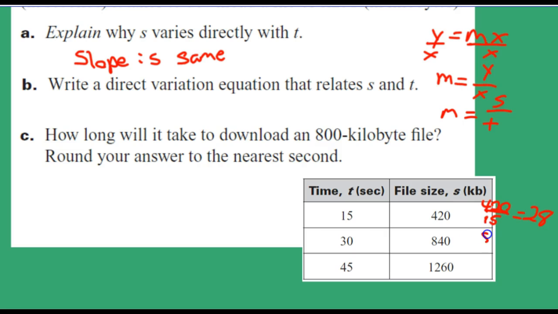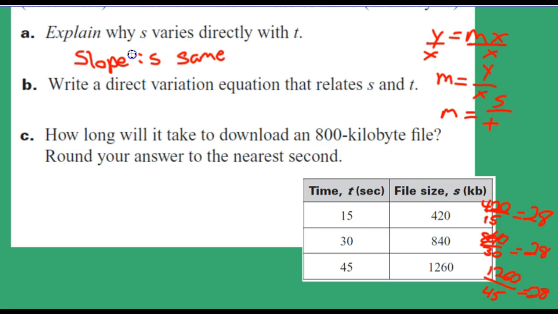Then we could do 840 divided by 30. That's also going to give us 28. And then 1,260 divided by 45 equals 28.